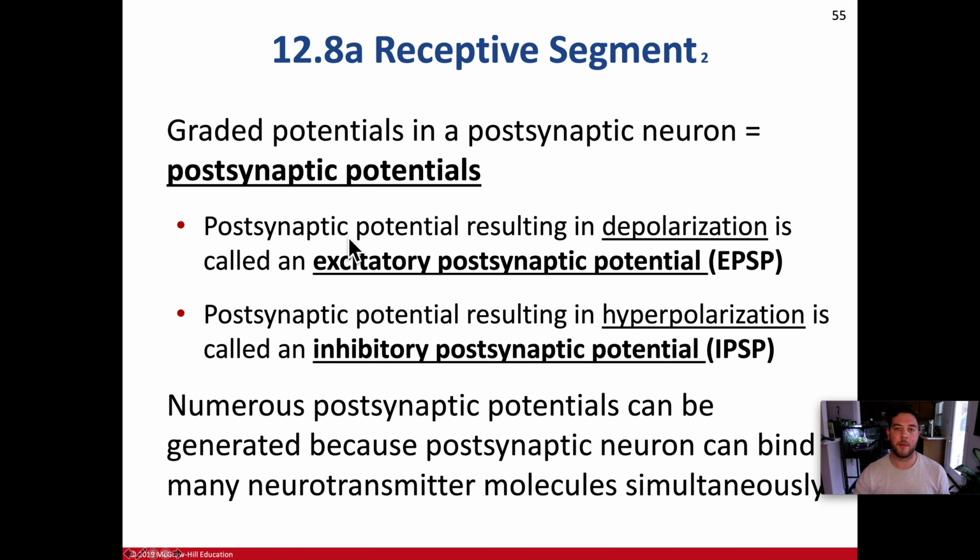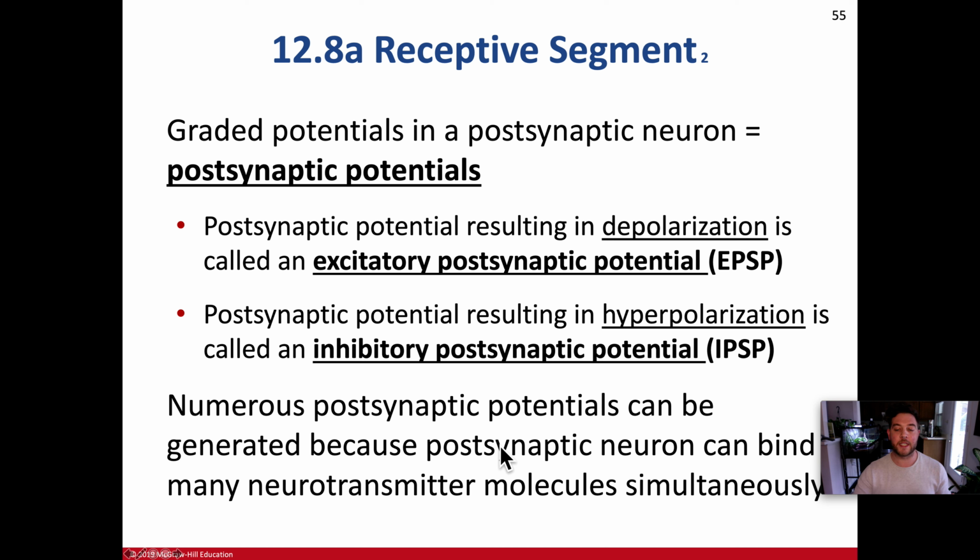If you have a postsynaptic potential that is going to depolarize your neuron, it will be excitatory. It will be depolarizing it closer to that threshold value, allowing it to transmit the signal. If you have an inhibitory postsynaptic potential, it will make the resting membrane potential more negative. It will hyperpolarize it and make it harder for that signal to be transmitted.